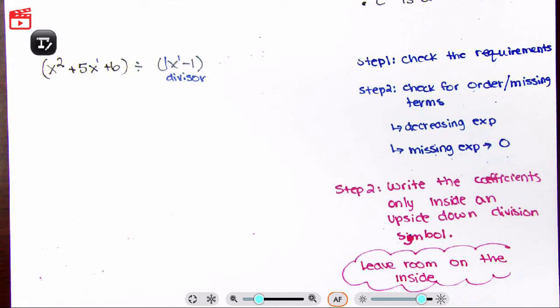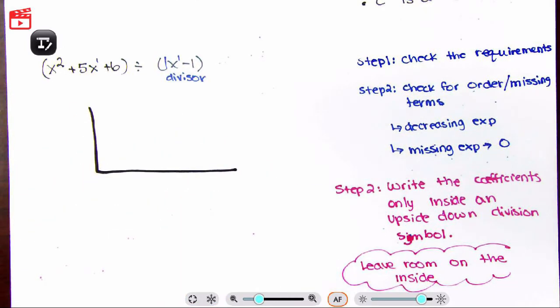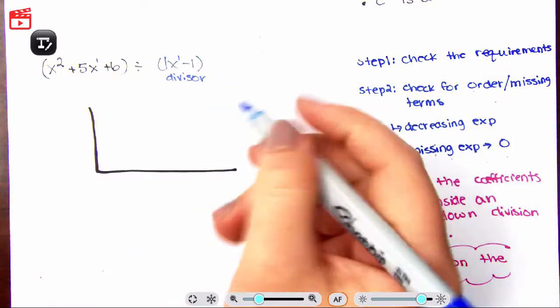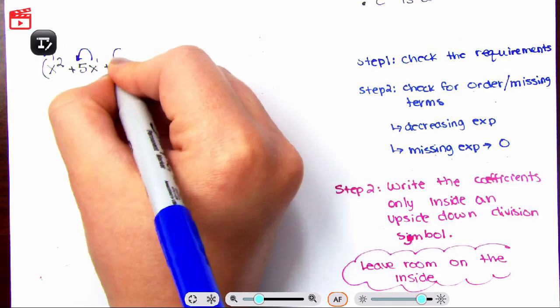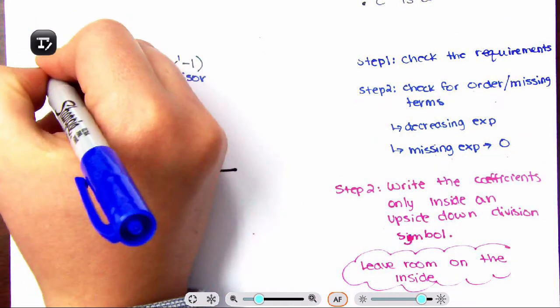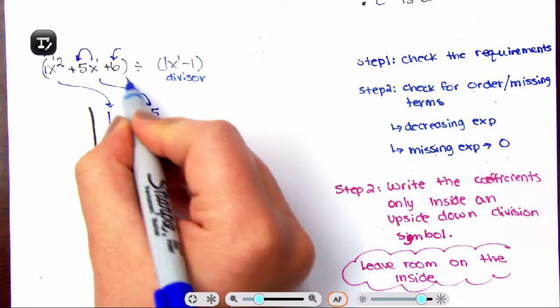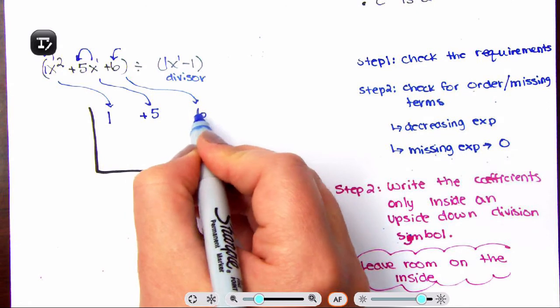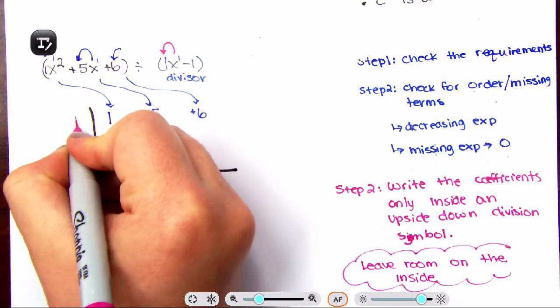So how does this actually look? You're going to write a big L, that's an upside down division symbol. You're going to write the coefficients only. So what is in front of x squared? What is in front of x? And what is the constant? Since x squared doesn't have anything in front of it, it will be a 1. So we're going to write 1. We're going to write positive 5. Now, always make sure to take the sign with this. If it's negative, you're going to write a negative. I usually just write pluses if it's positive. You're going to take the coefficient, which again must be 1, and you're going to divide by 1.